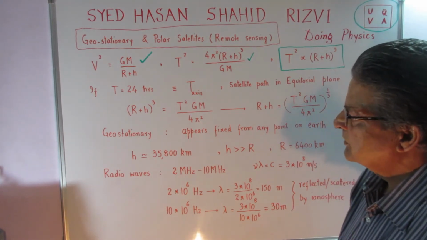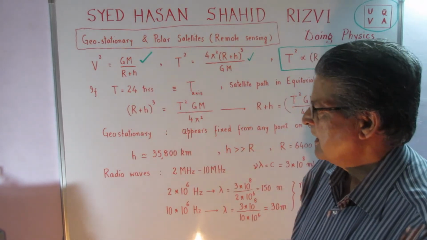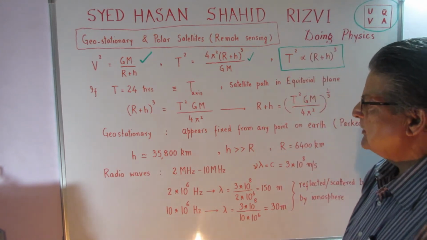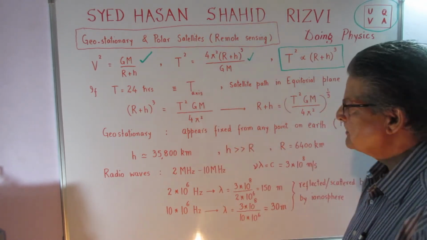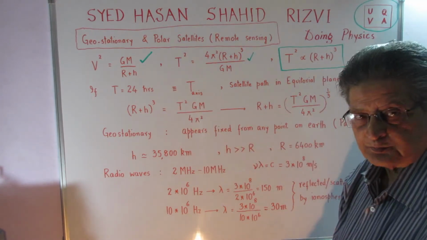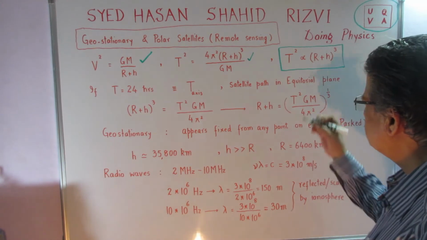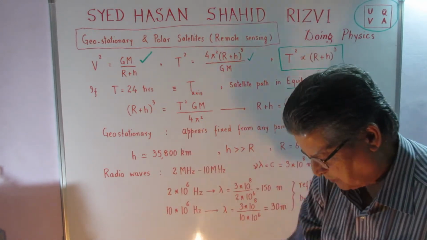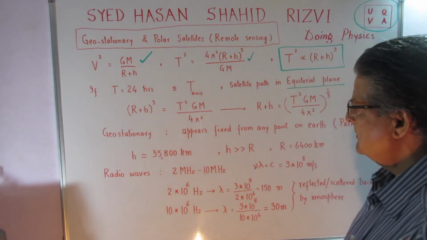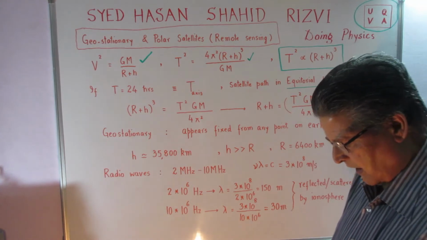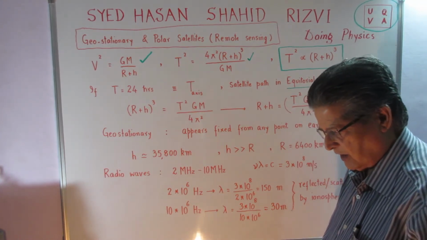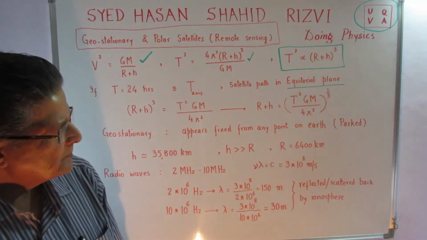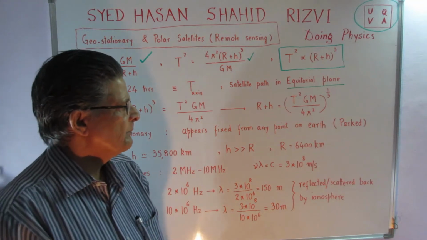If we make the time period 24 hours, which is in consonance with the time period of revolution of the Earth about its own axis, which is also 24 hours, and the satellite path we choose in the equatorial plane, with the equator, North Pole, South Pole, and the satellite going like this, then whether in the northern hemisphere or in the southern hemisphere, an observer stationed at any point will find that this satellite is at rest with respect to its location.